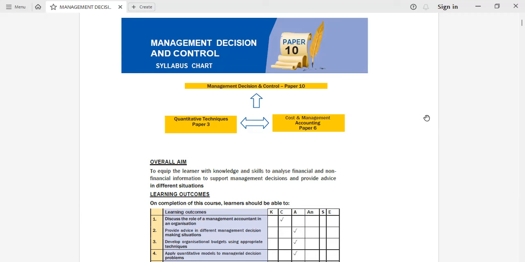Even if you had an exemption in terms of cost and management accounting, you will also catch up and be able to pass this paper with ease. So we are going to be getting these simplified approaches on how we are going to be handling some of the scenarios that have been given in the question.